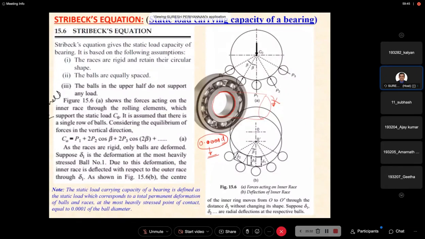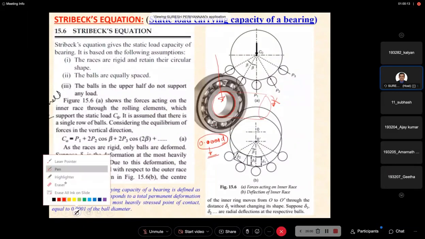So just briefly, static load means the shaft is in static condition. The second point is that deformation of balls and races is proportional to the increment of load. Now, when the radial load is acting here, which portion of the balls is going to be subjected to deformation?